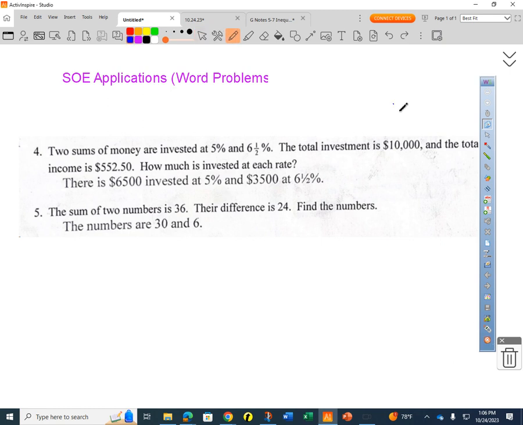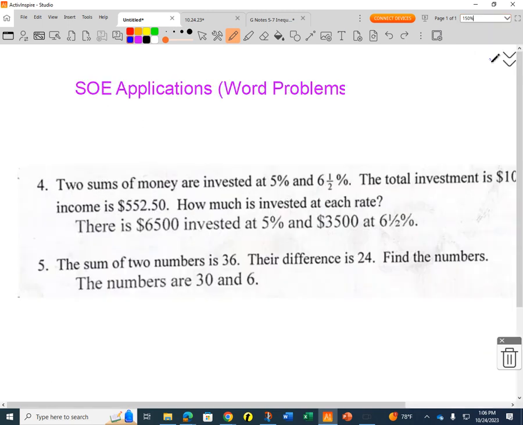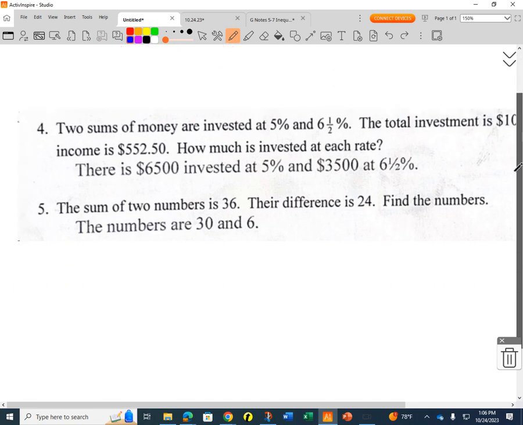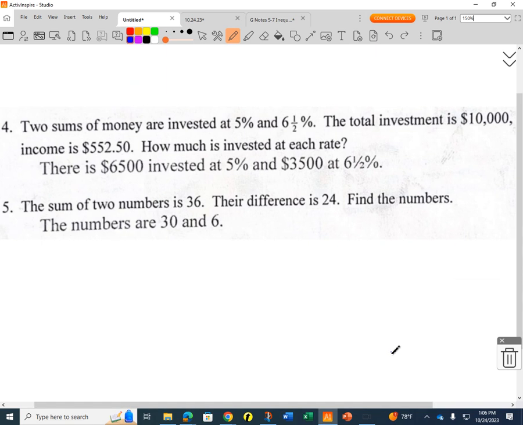The first thing we have to do on these is identify or define our variables, because in order for these to be systems of equations, the variables have to represent the same thing numerically.